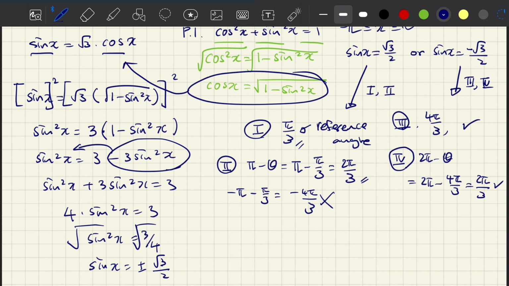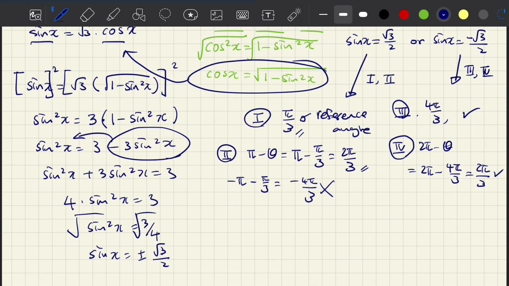So remember, we still need to find all the solutions first and then reduce them, right? After that, we need to find the angle on the negative side, because this is between negative pi and pi, right? So we're going to do negative 2 pi plus theta. So negative 2 pi plus 4 pi over 3 will give us negative 2 pi over 3.